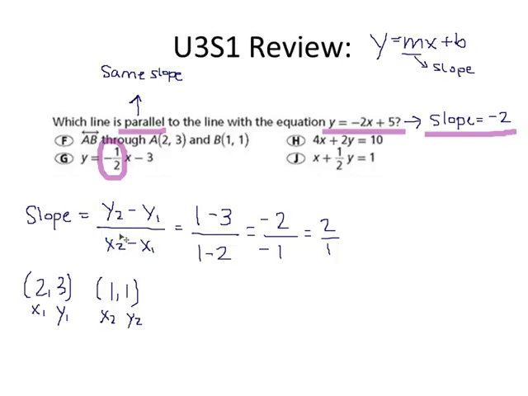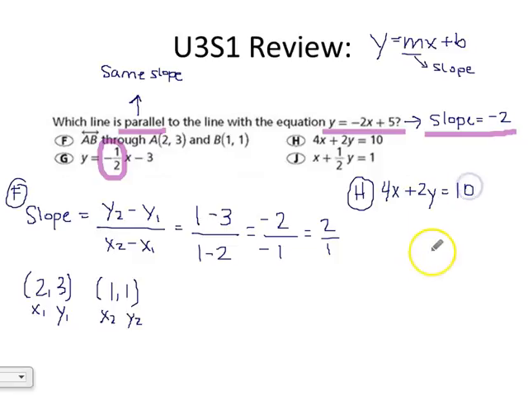What about H? So unfortunately, H is not in slope-intercept form. So we would need to quickly put equation H in slope-intercept form. So right now we've got 4x plus 2y equals 10. We need to get y all alone. So we're going to first subtract our 4x from both sides so we can get it in slope-intercept form.